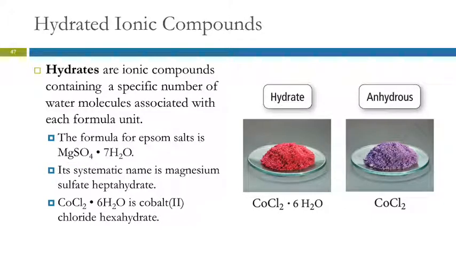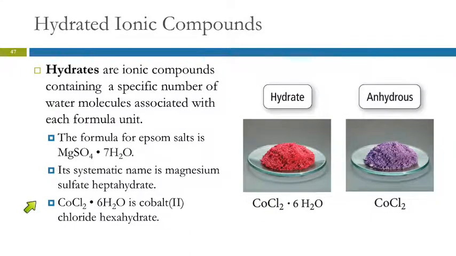This is a hydrate. So this is magnesium sulfate, and then here, to specify the number of water molecules, we use Greek prefixes. The Greek prefix for 7 is hepta. So that's magnesium sulfate heptahydrate. You name the ionic compound the same way we just learned, and then you add the number of water molecules.